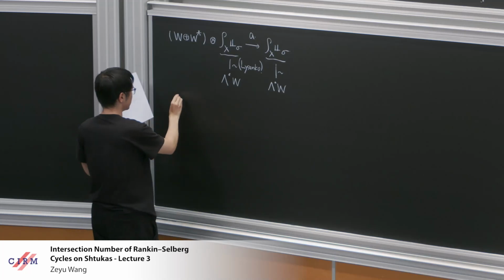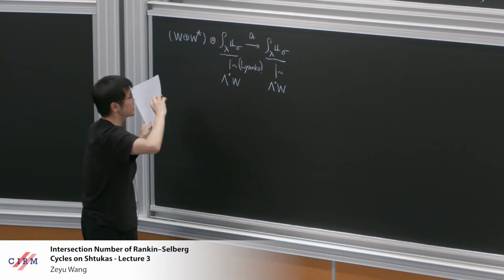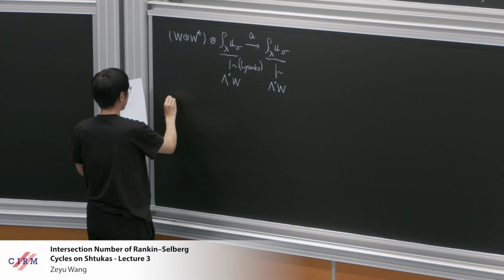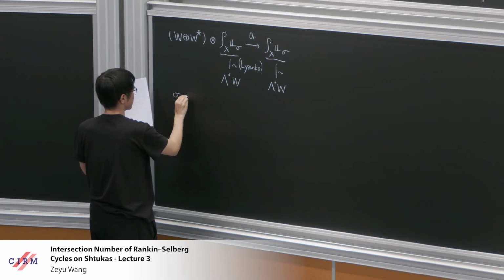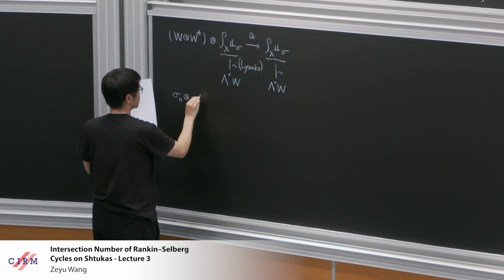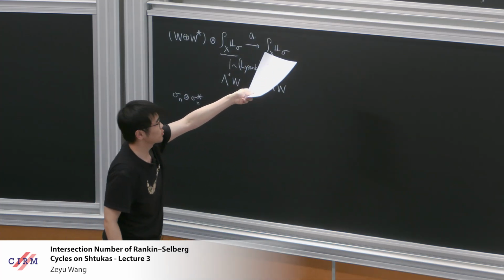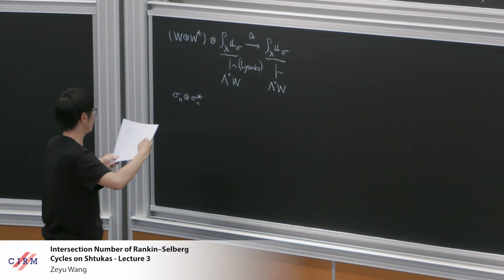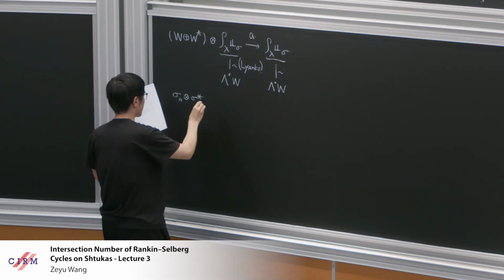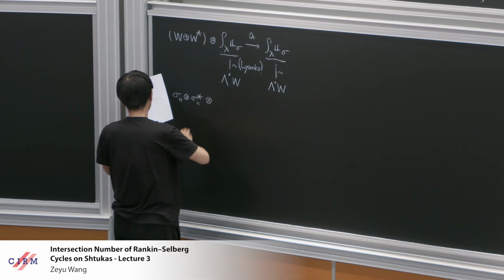And for B, you can actually enhance B into a more refined version. Since the group is GL_n cross GL_{n-1}, let's just study one part of the group, which is GL_n.